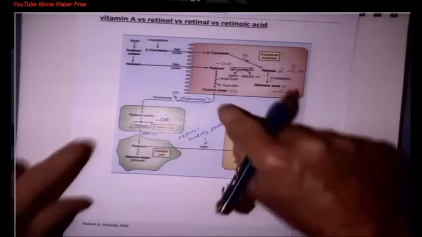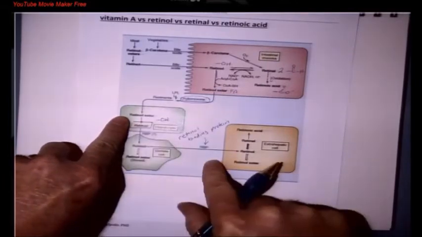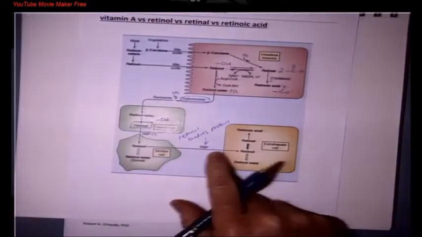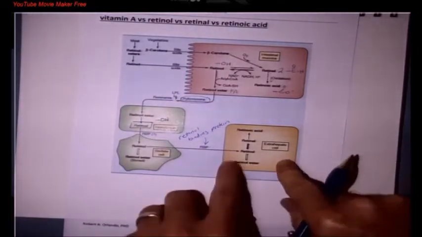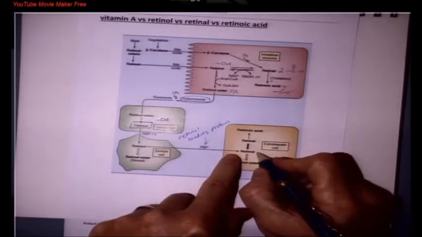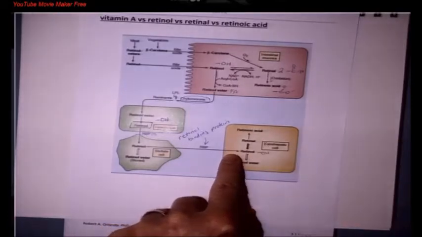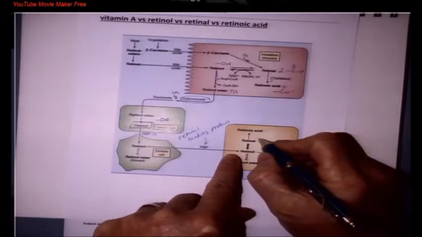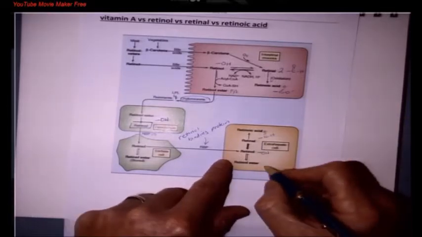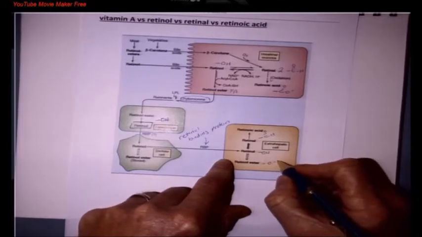We use the chylomicron to deliver it to the hepatocyte, but when the hepatocyte releases it from storage, it's going to use the binding protein. The binding protein is taken up by extrahepatic cells, most cells that need it. It's going to be in the alcohol form, and then depending on the tissue and the tissue's needs, it can either be converted into the aldehyde form or it can be used and stored for a period of time in the fatty acyl form.